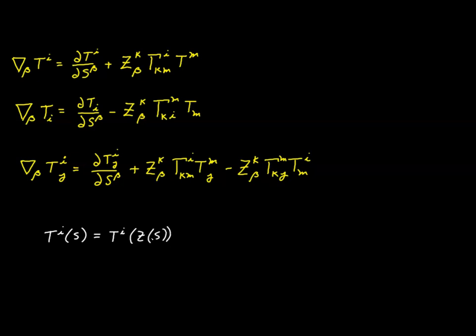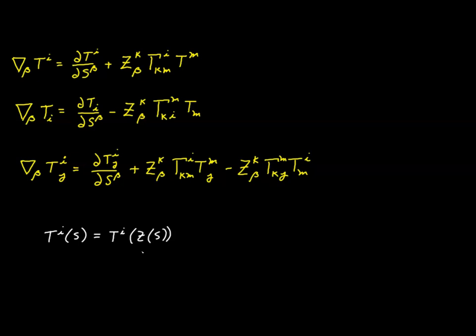And this relationship is true because we're only interested in evaluating these vectors for points on the surface itself. So this relationship holds true for all values of z that lie on the surface of our manifold.